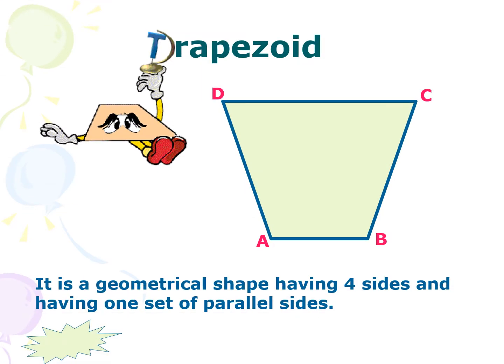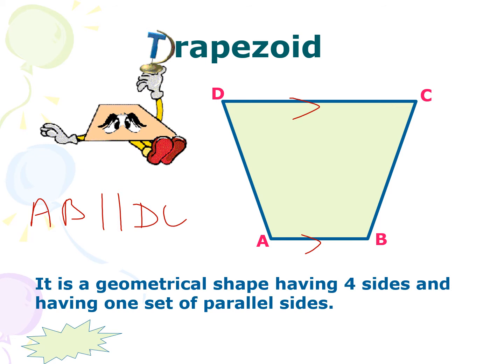Let us discuss some specific quadrilaterals. The first one is the trapezoid. It is a quadrilateral having four sides and one set of parallel sides. Here AB is parallel to DC.